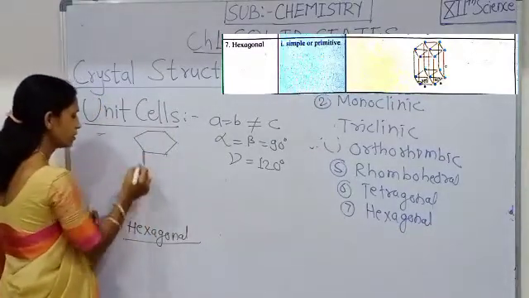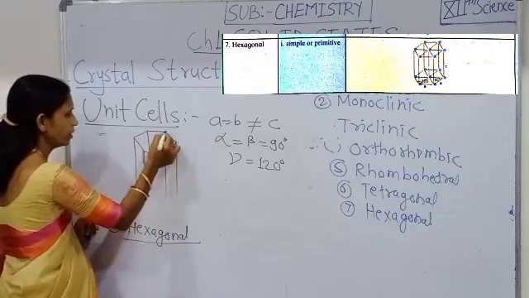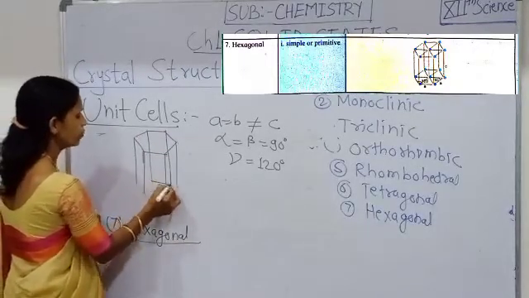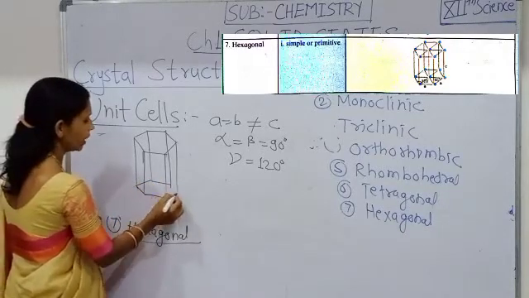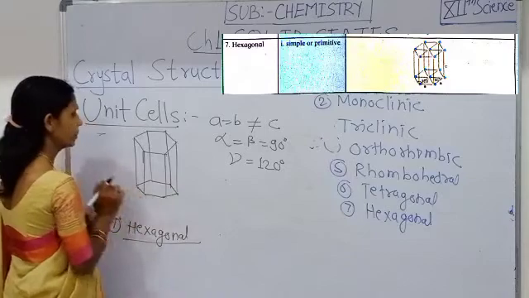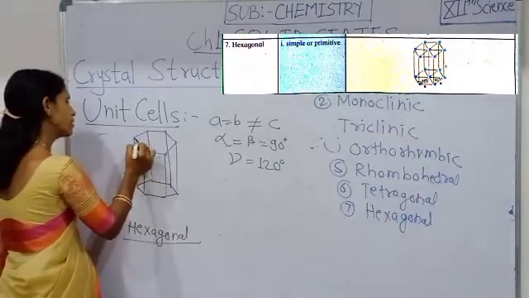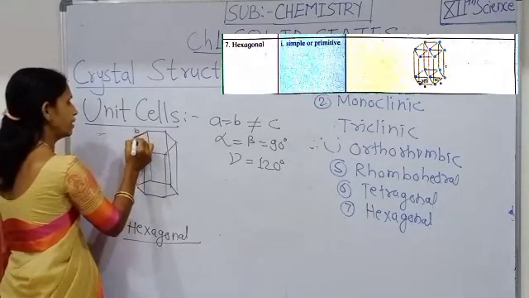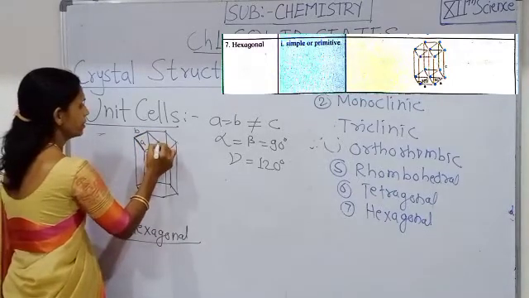Then see here the hexagonal unit cell which is shown in the figure. It is like this, in which that is the A and that is the B edge length.